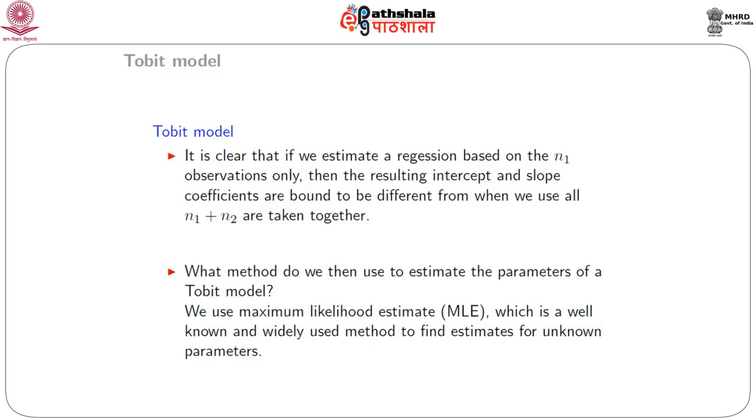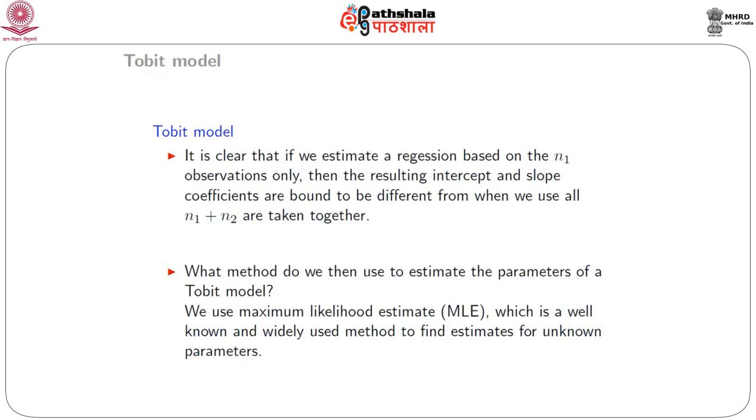Dividing both sides by sigma, probability epsilon i divided by sigma is less than or equal to negative xi beta divided by sigma given xi, which in terms of the cumulative distribution function of the normal distribution is written as phi of negative xi beta divided by sigma. So probability of yi greater than 0 given xi would be 1 minus phi of negative xi beta divided by sigma, and using this form we obtain the maximum likelihood estimates of the parameters beta.